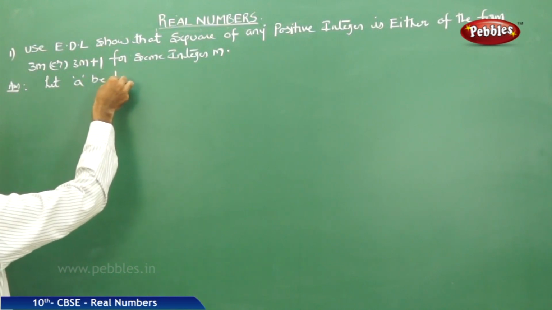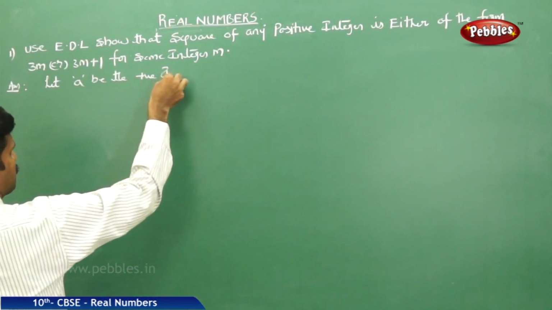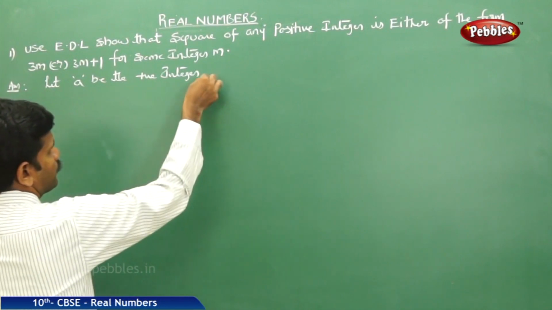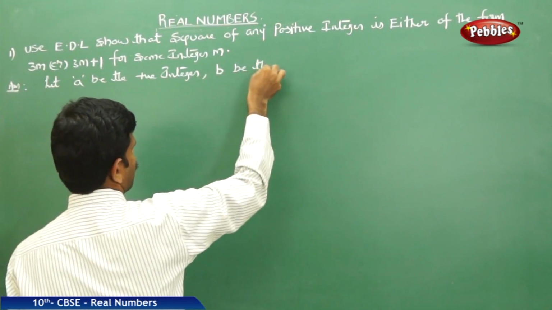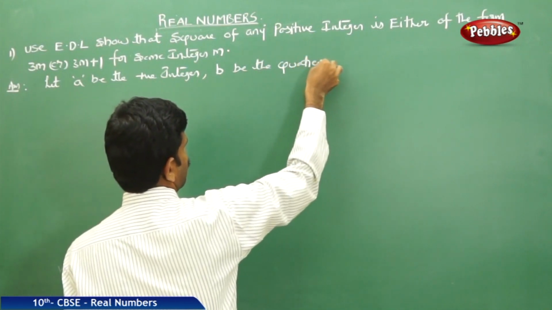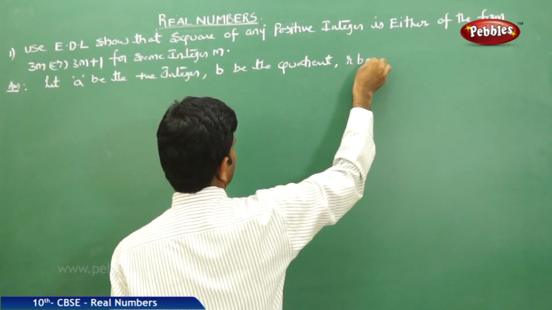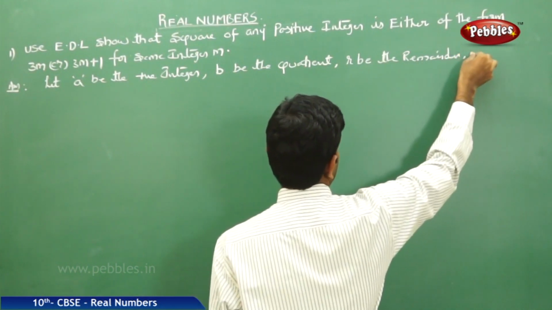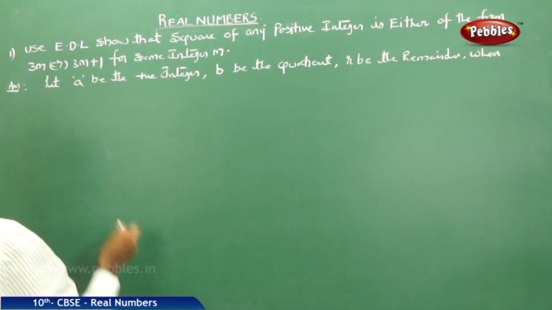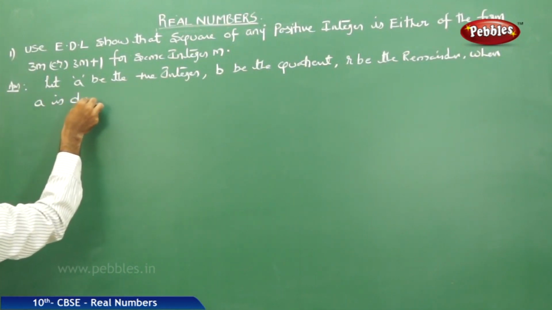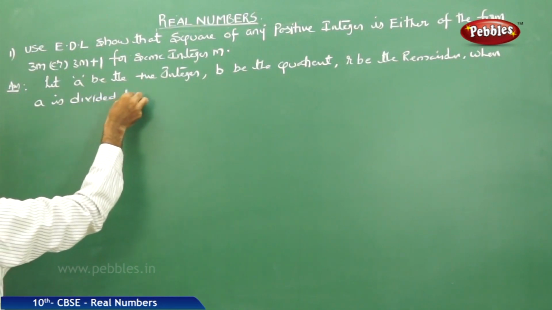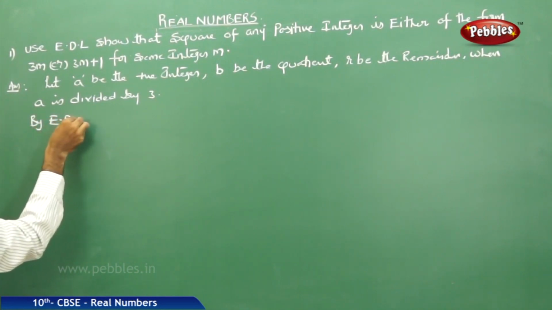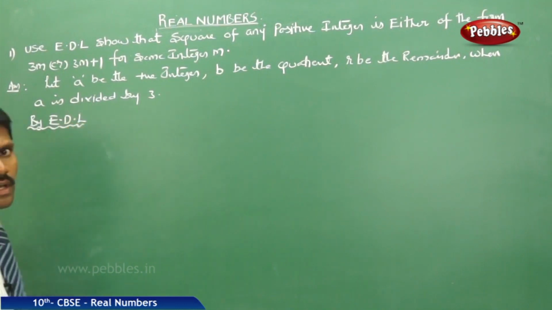Let A be the positive integer and B be the quotient, R be the remainder when A is divided by 3, then by EDL, means Euclid's division lemma.